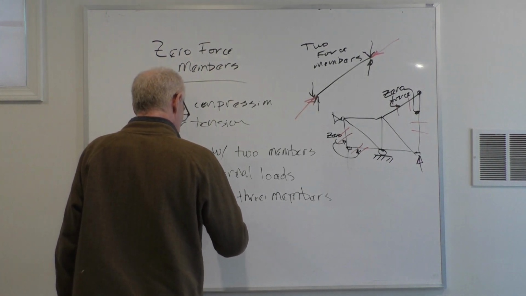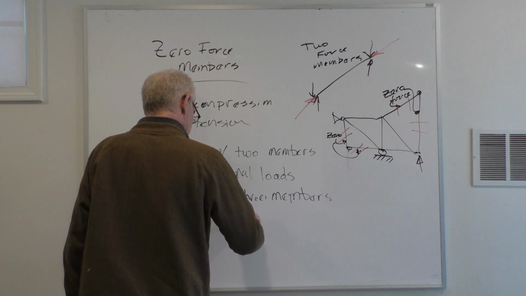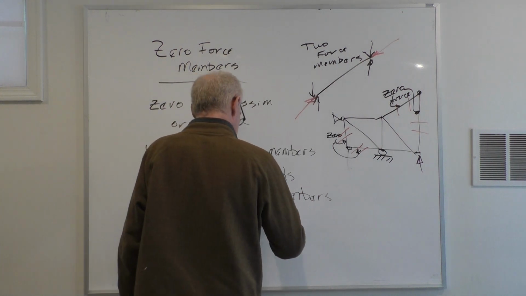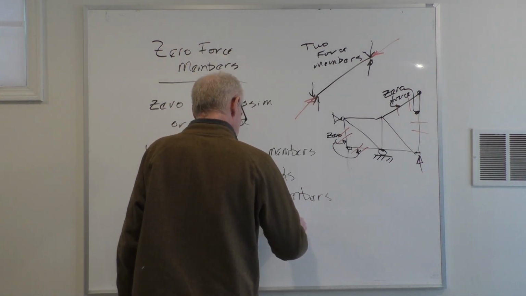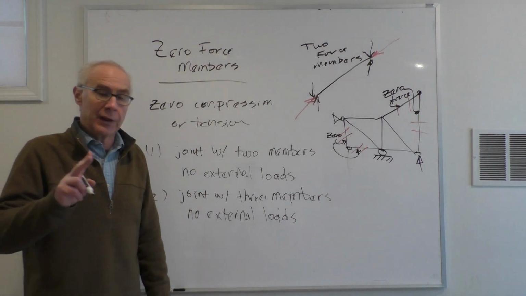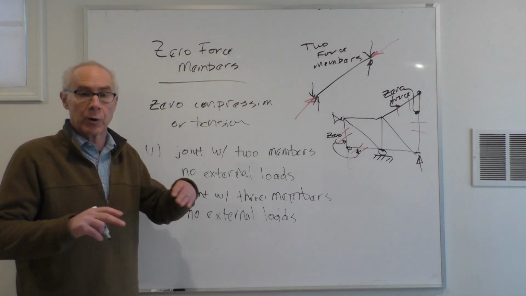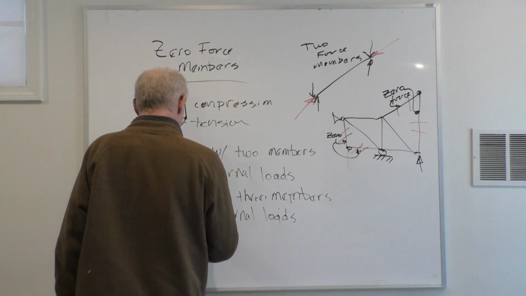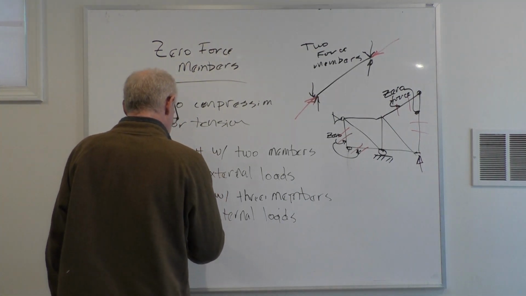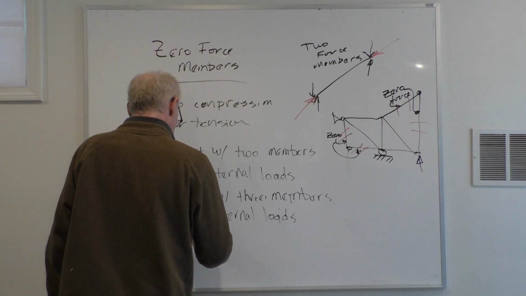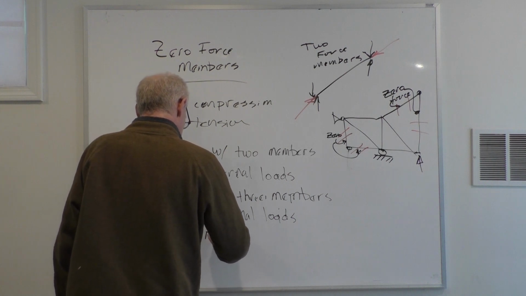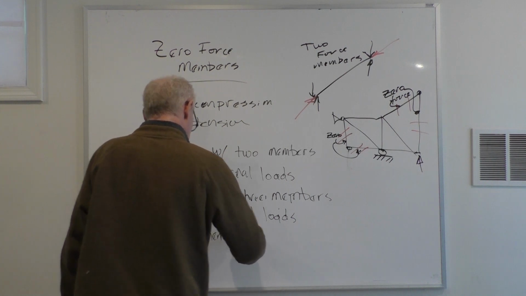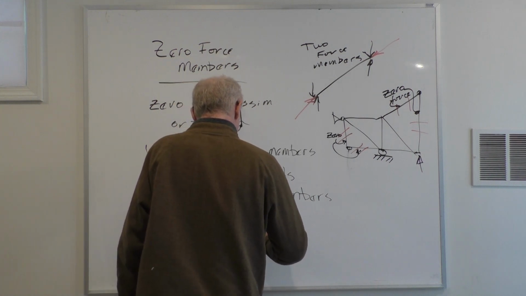This one has more rules. No external loads. And two of the three members are colinear. In other words, they're along a line. So I'll put a little plus sign here, plus two members are colinear.